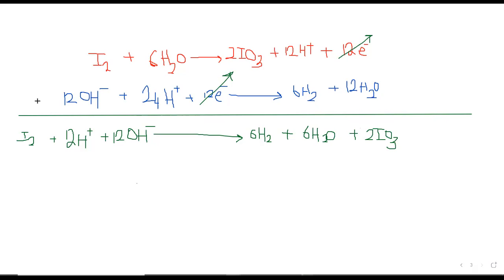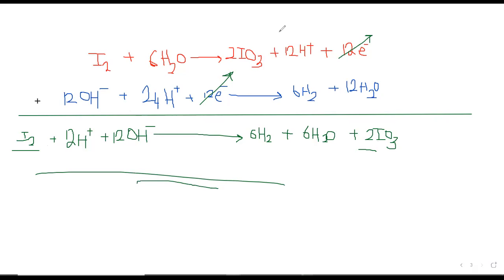So we have 2 molecules of iodine here, 2 molecules, that's balanced. Then we have 12 plus 12 there, that's going to be 24. Then we have 12 molecules of oxygen. So we have 6 here, and then we have 6 here, that's balanced. So this is the balanced version of the answer to that particular question.